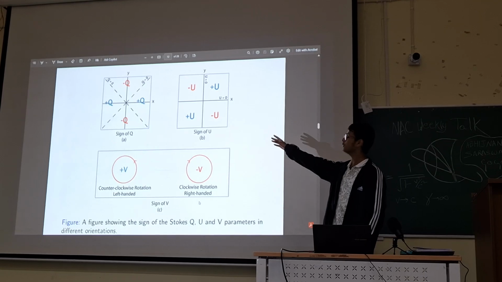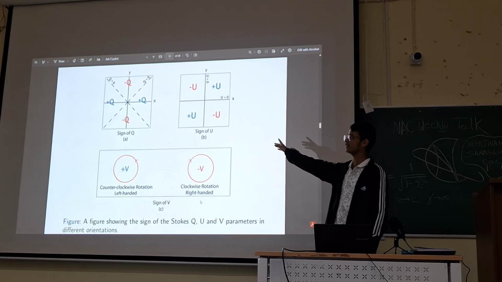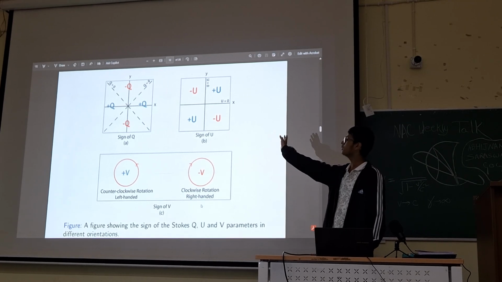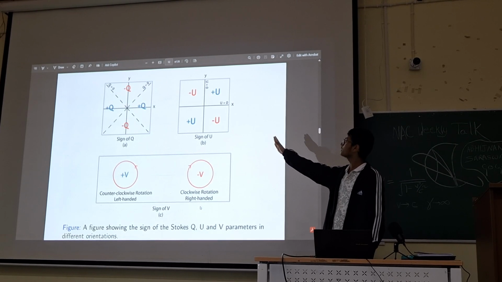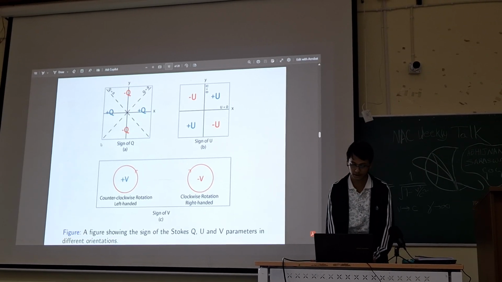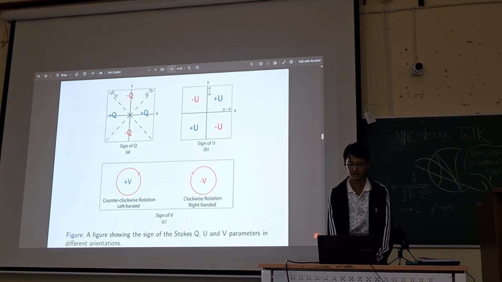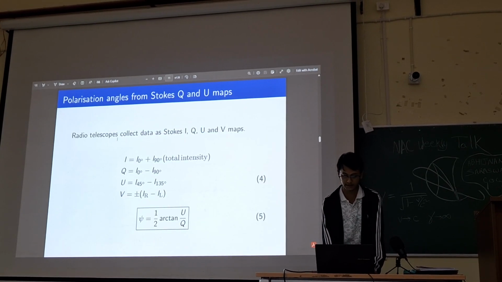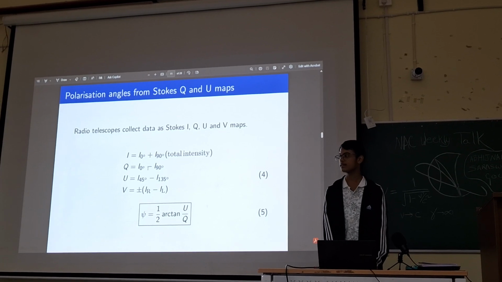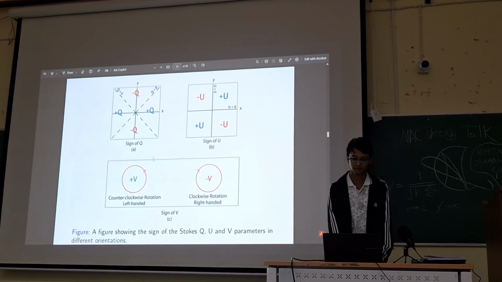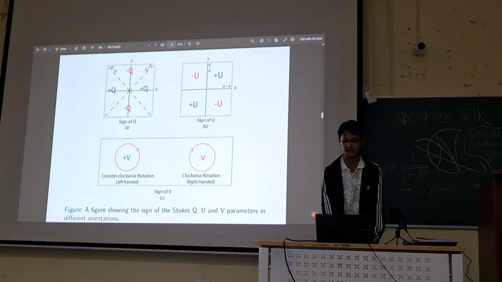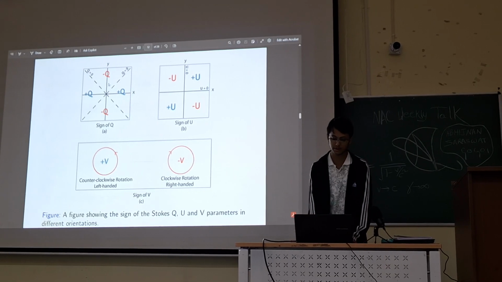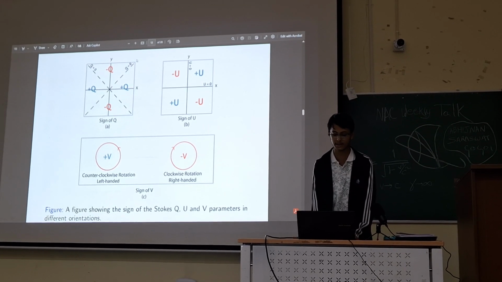Here's a figure which shows the sign of these Q, U, and V maps. When the polarization vector is almost aligned close to the y-axis, the Q map is negative. Q is I at 0 degrees minus I at 90 degrees. So when the absolute value of the x component is smaller than the absolute value of the y component, the Q map is going to be negative.